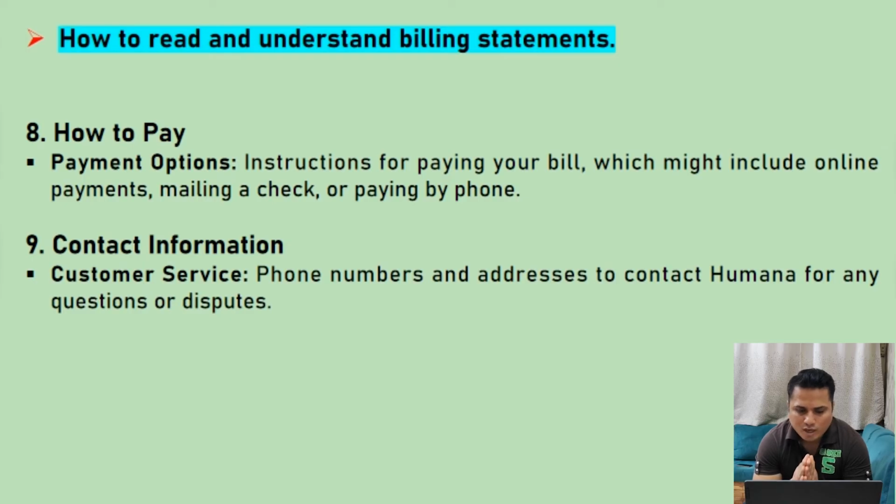Payment options, instructions for paying your bill, which might include online payments, mailing a check, or paying by phone. Number nine, contact information, customer service, phone numbers and addresses to contact Humana for any questions or disputes.